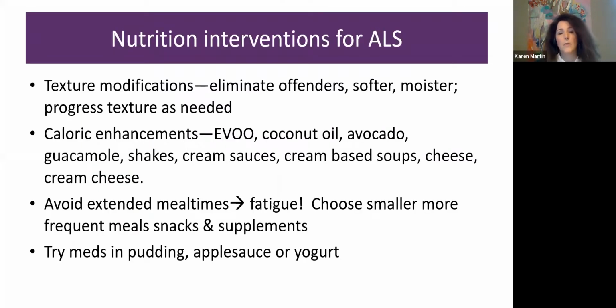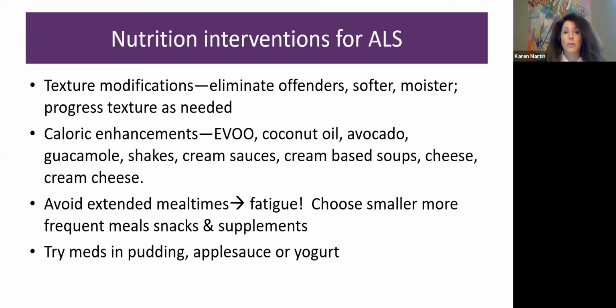So some of the things that we do as far as nutrition interventions to combat these types of things is we look at, in concert with our speech pathologist, modifying textures and of course eliminating those offenders. If the crunchy chips are the problem, or salads, a lot of times lettuce is a problem.